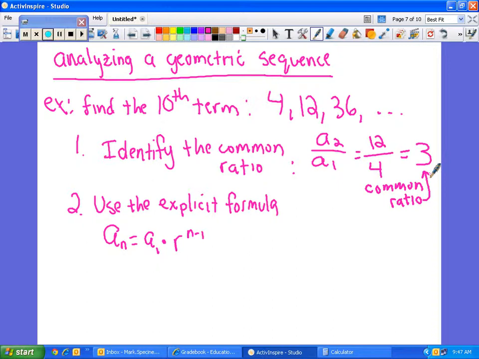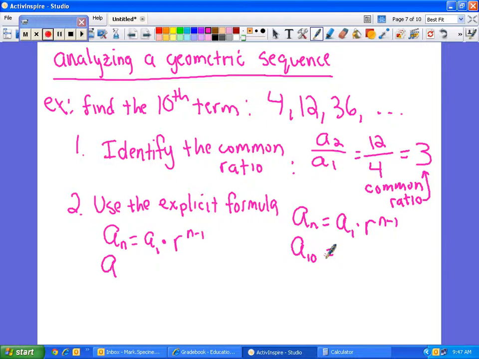So now we want to find which number term. We want to find the 10th term. So a sub n is equal to a sub 1 times r to the n minus 1. We are looking for the 10th term. We want to know the value of a sub 10.